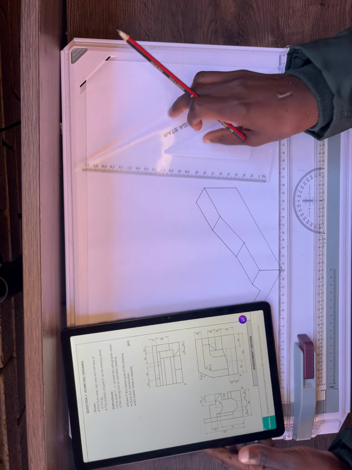My main goal is to get this piece. Alright, so which means now I must draw a line going up at the dimension of 20. Take it up 20 millimeters. Then I must bring it back. I must draw this line now.